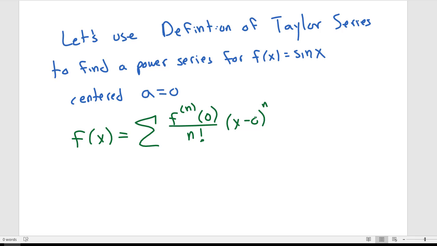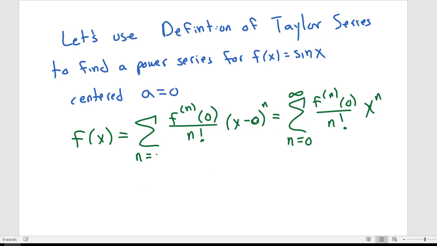I'm going to come back and erase this in a second, because x minus 0 is just x, so what I really have is x to the n in this expression. Well, I won't erase it. Let me just write over here: we'll have the nth derivative at the center over n factorial, times x to the n in this case.